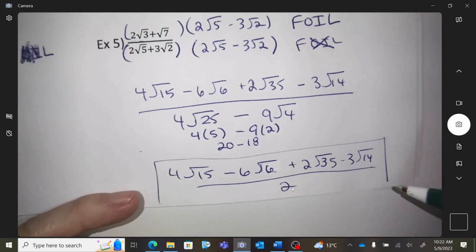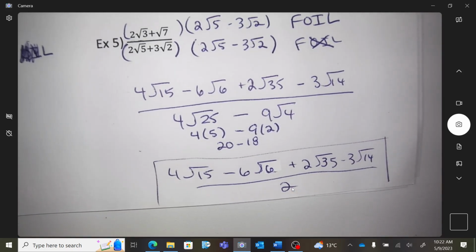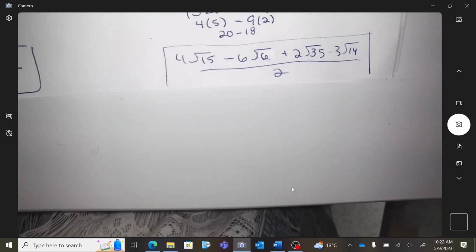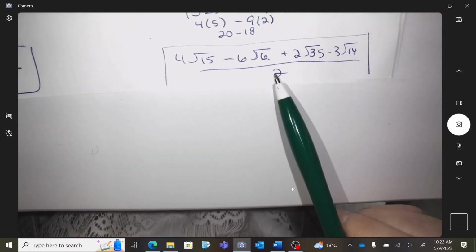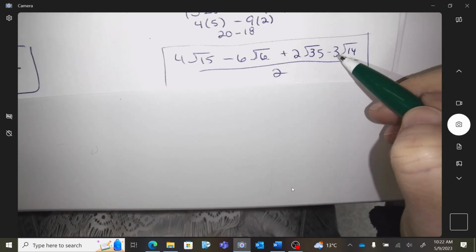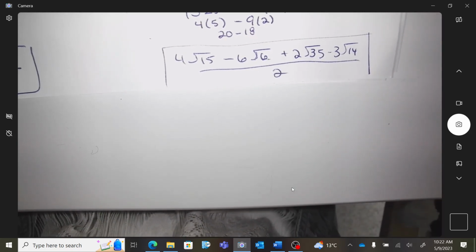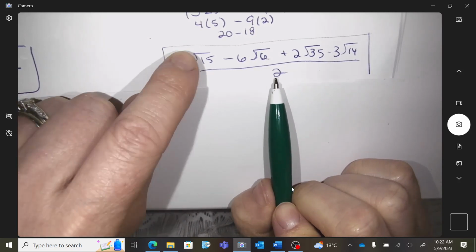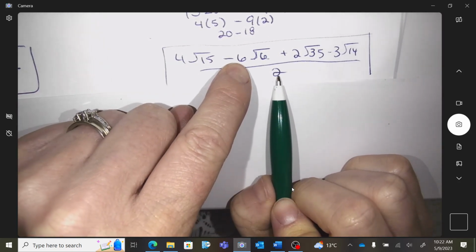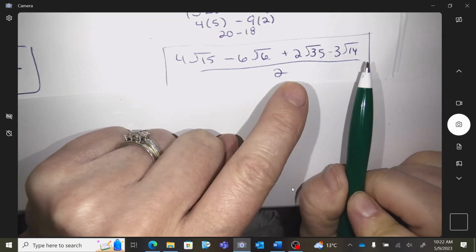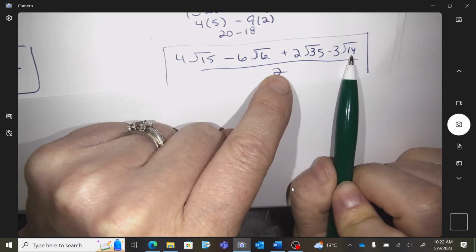Did we get there on our own? Did we get to the 2? Okay. I would go further, except for it really doesn't pay to simplify because this last one is a 3 and then I'd have a decimal. But if you wanted to, right, you could have done 2 root 15 minus 3 root 6 plus just 1 root 35 minus 1.5 root 14.